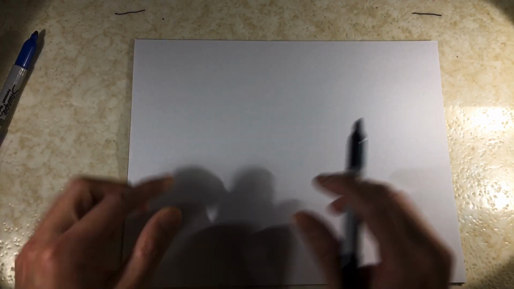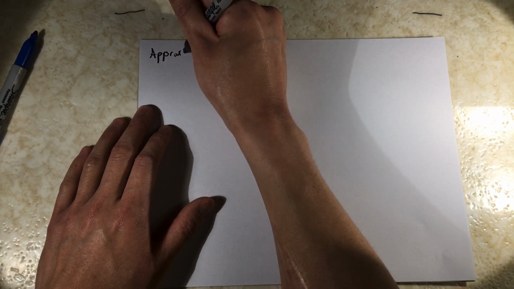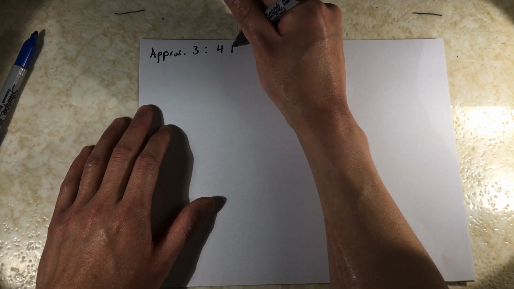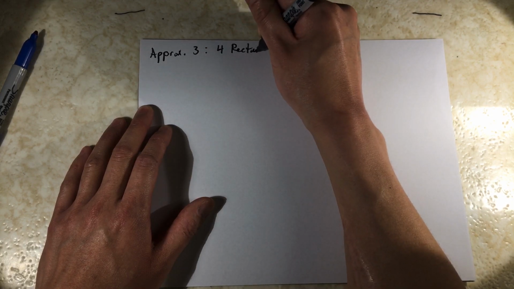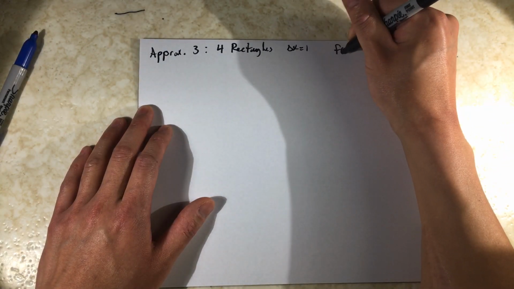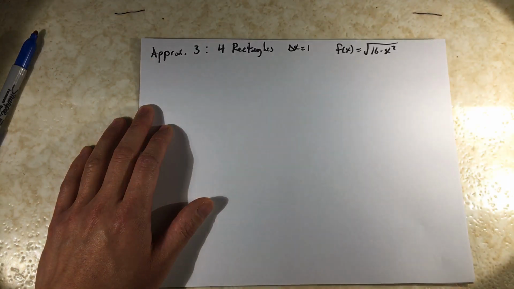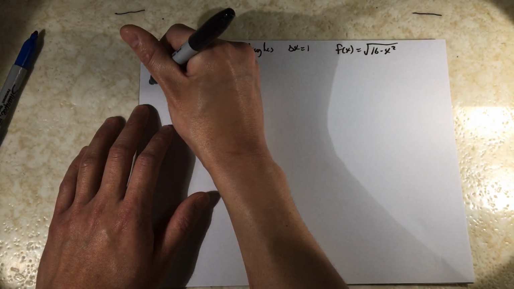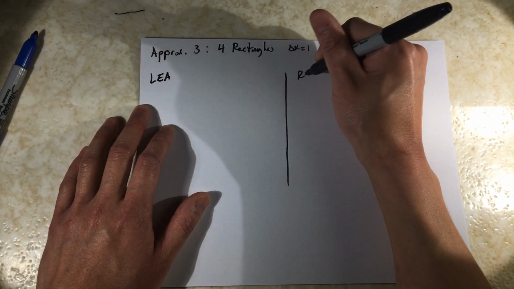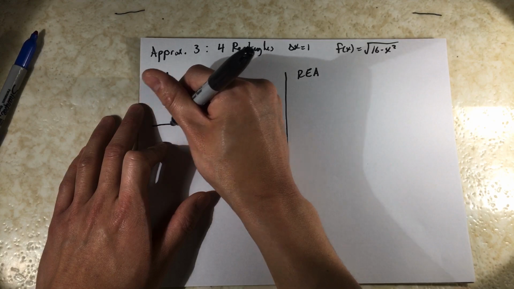So this one is called approximation 3. For this one, we're going to use four rectangles, and delta x is 1. Again, the function is the square root of 16 minus x squared. We have the left end approximation and the right end approximation, and we're going to graph our functions.